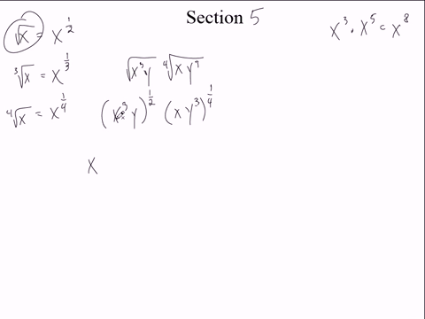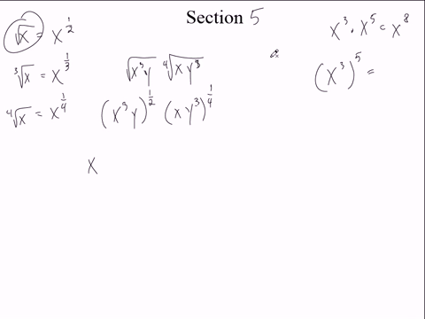Let's do another rule. What if we had x cubed to the 5th power? What if we took it to another power? What's the rule? I made it x cubed right here.